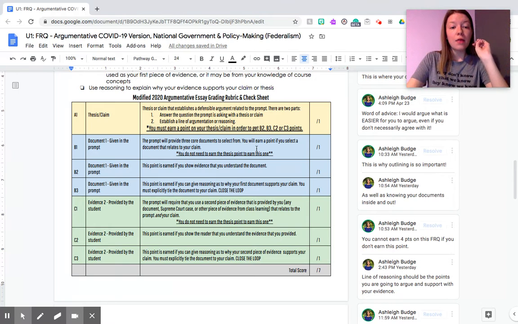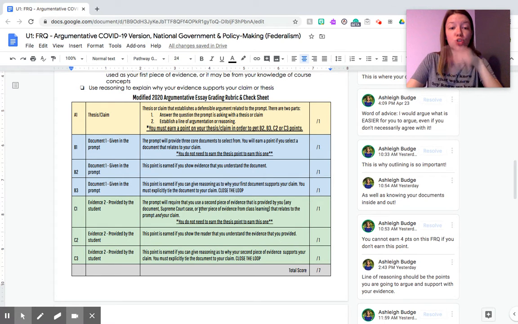The third paragraph is going to be your other piece of evidence, whether that's another document from the list or not from the list, a court case, or some other concept. So, 3 paragraphs.